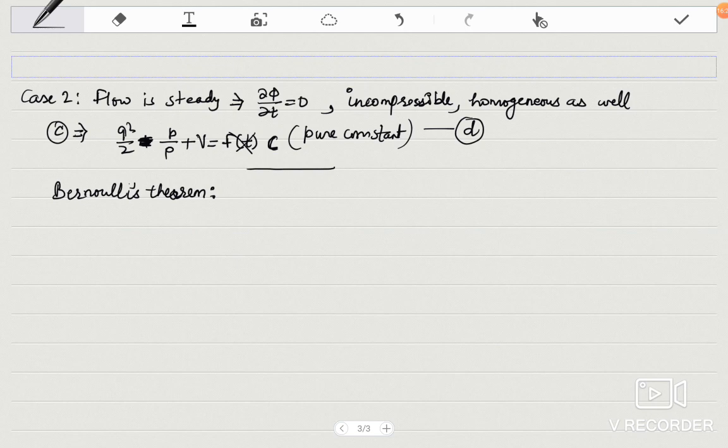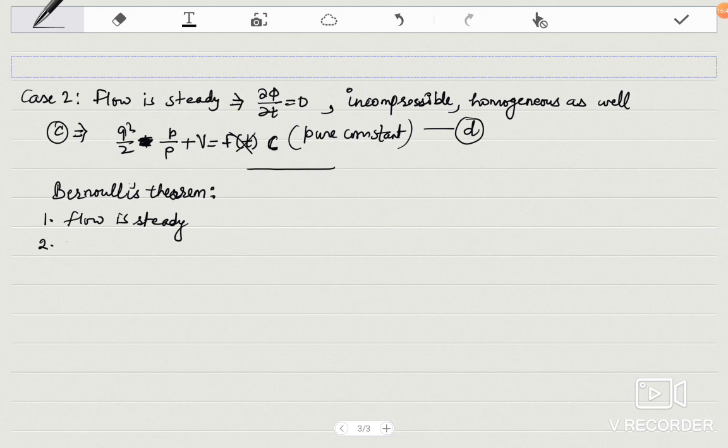In deriving Bernoulli's theorem, we take certain assumptions. Number one, flow is steady, as Bernoulli's principle is true for steady flow.